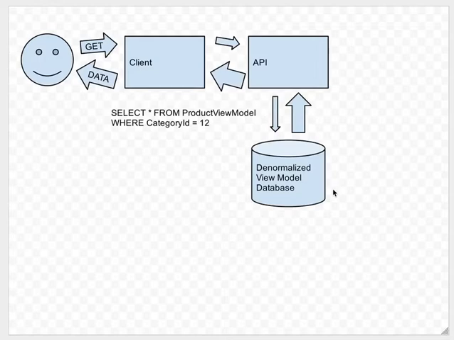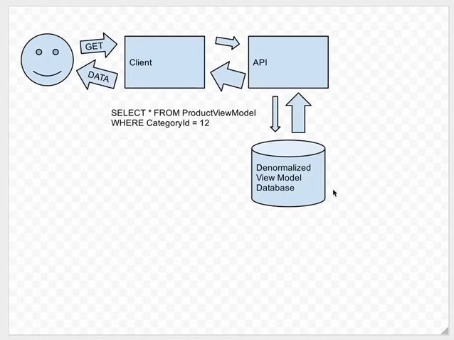If we can do this without doing any kind of joins, if we can just do a select star from product view model where category is 12, that's a really fast query, especially if we're indexing things properly and optimizing for reads. So we should be able to return that back to the client really fast, and we're talking split second response here. So very low latency API.